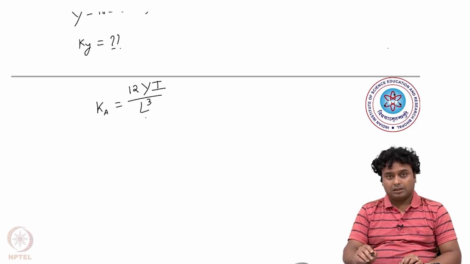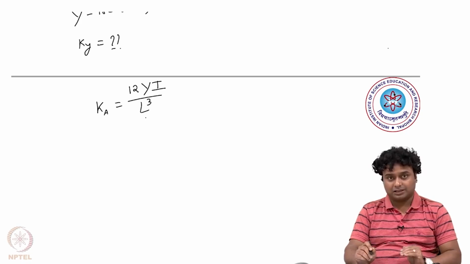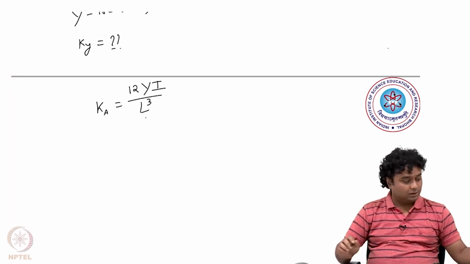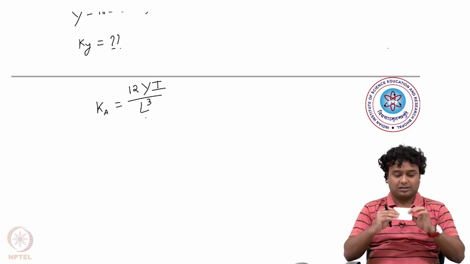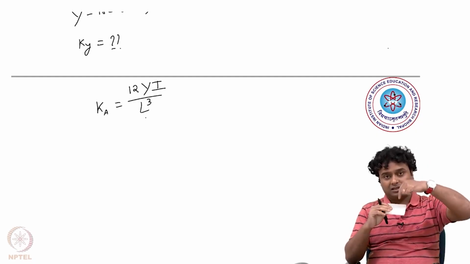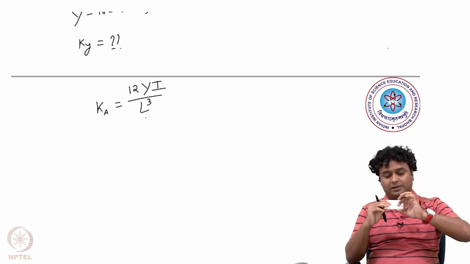We need to calculate the moment of inertia. For this kind of geometry, we have already seen that I is equal to BH cube by 12, where H means the height, the dimension perpendicular to the direction in which the force is applied. Like, if this is a beam and this is the force applied, then H will be this thickness.